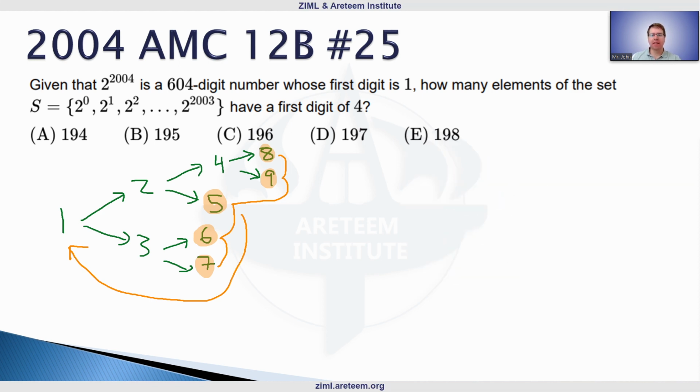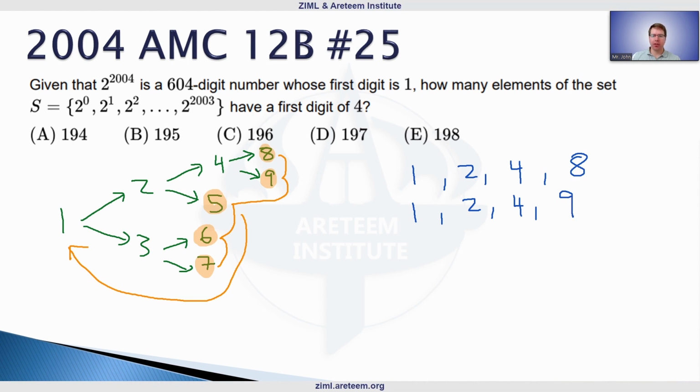So let's think about these patterns a little bit here. One pattern we definitely have: for a digit of 1, then you can have a 2, then a 4, then an 8. Or you can have a 1, a 2, a 4, a 9.